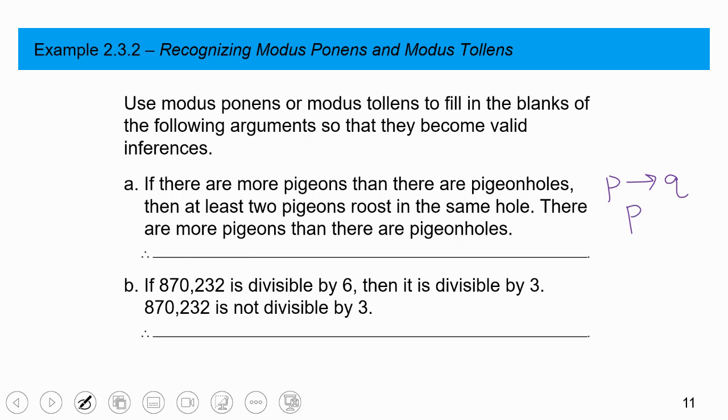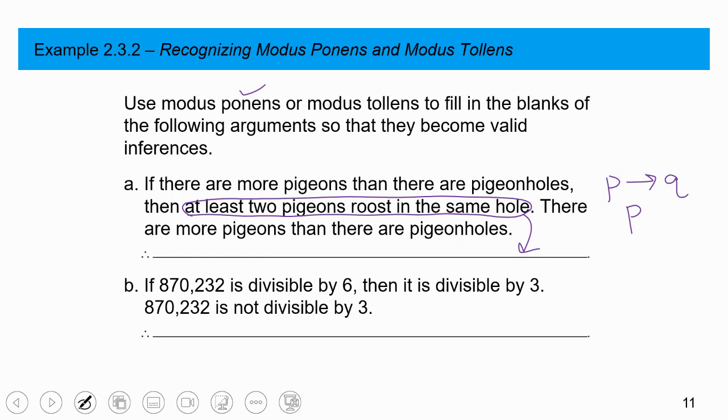So our conclusion by modus ponens is that Q must be true. So we would say at least 2 pigeons roost in the same hole. And that would be here by modus ponens.